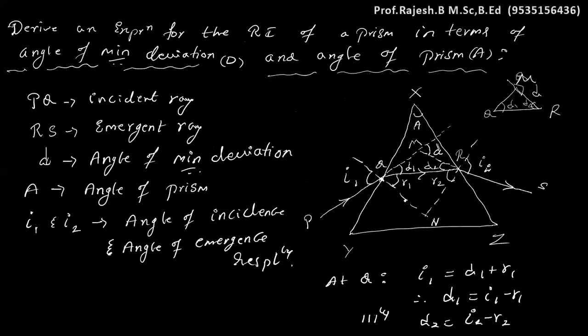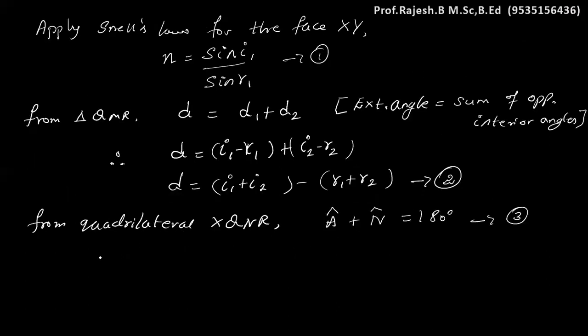Similarly, look at this triangle QNR. Here also the sum of the angles must be 180 degrees. In triangle QNR, the sum of all three angles is 180 degrees. Let's write that in triangle QNR, R1 plus R2 plus angle N is equal to 180 degrees.